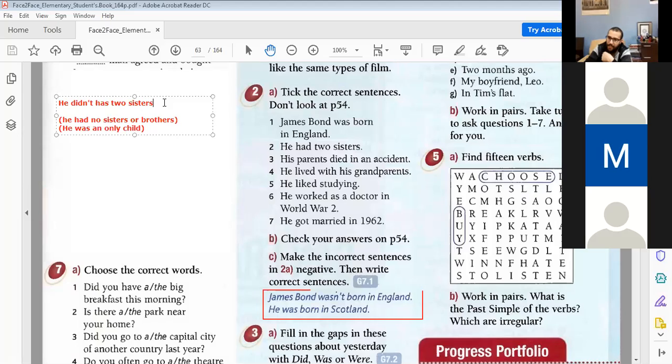So the reason is because here in the negative we have to use the main verb, what they call the infinitive. The infinitive for the verb have is have; this is considered the original infinitive verb. Has is a form derived from have. The origin is have, not has.